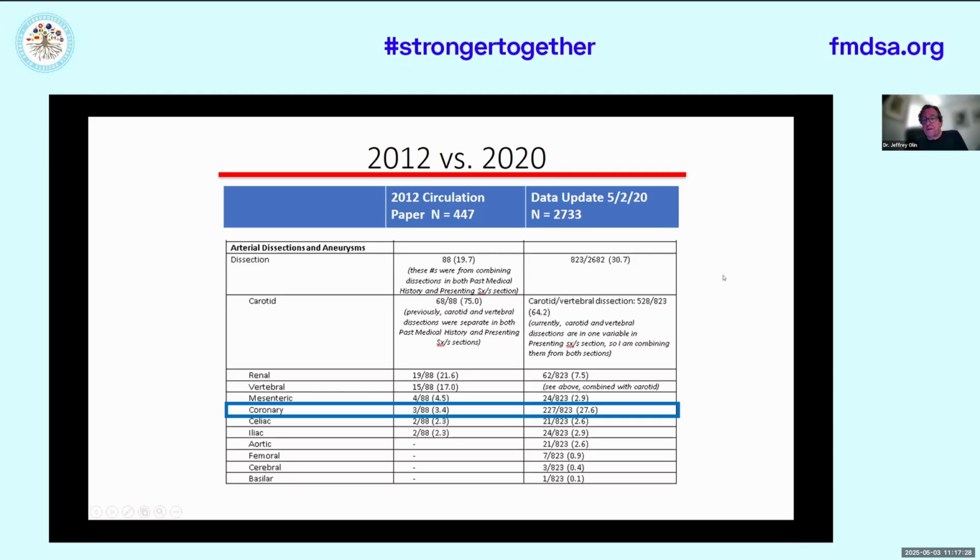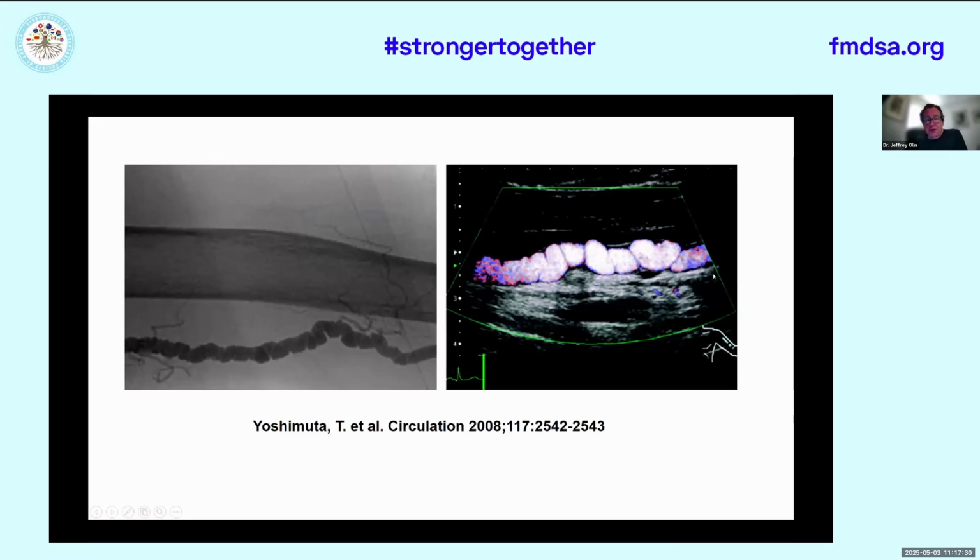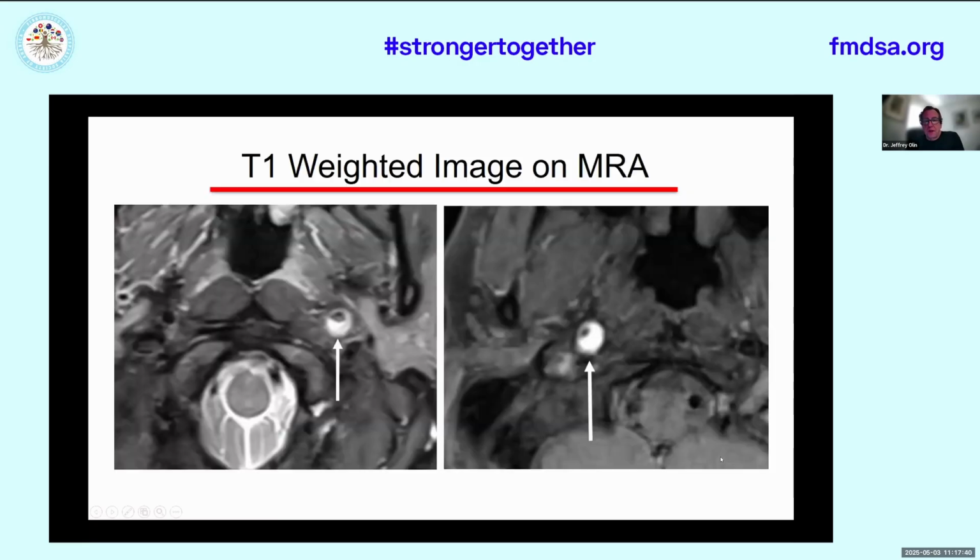This just shows you what the brachial artery FMD looks like in an angiogram and a duplex ultrasound. And a common finding that is frequently misdiagnosed is when you see a dissection, you may only see a long narrowing of an artery. This is a carotid artery, and this is a T1 weighted image. All this material here, the white stuff, is blood.